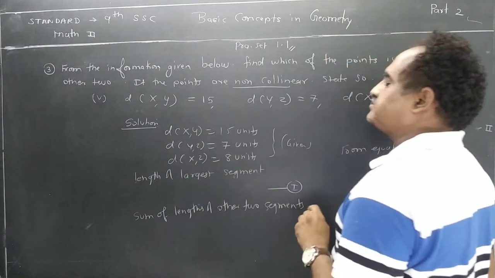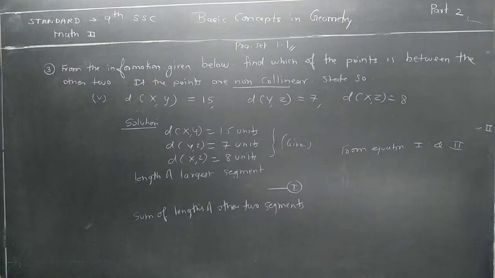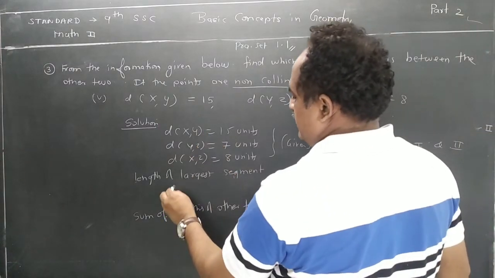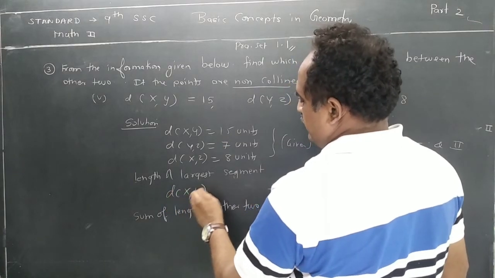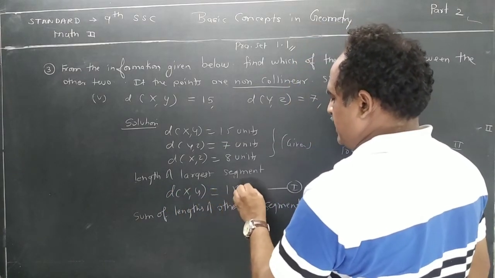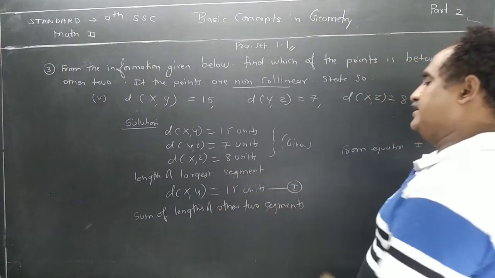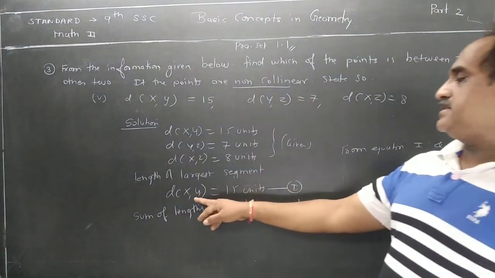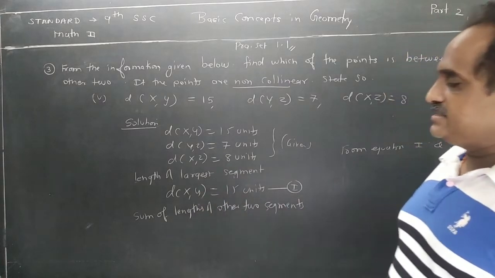Right, guys? So according to you, which one will be the largest segment? This will be the largest segment. So distance between X and Y is 15 units. That is the length of segment XY.